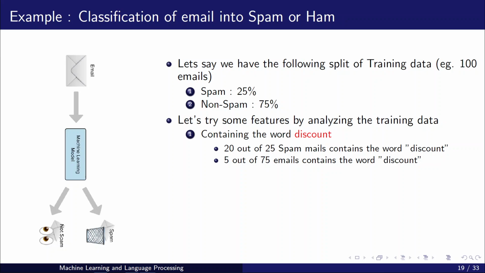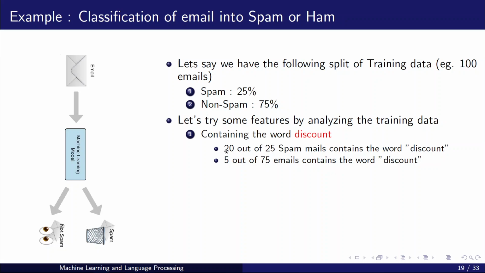So there are 25 spam emails and 75 non-spam emails. Out of the 25 spam emails, 20 contain the word discount, and out of 75, only 5 contain the word discount.